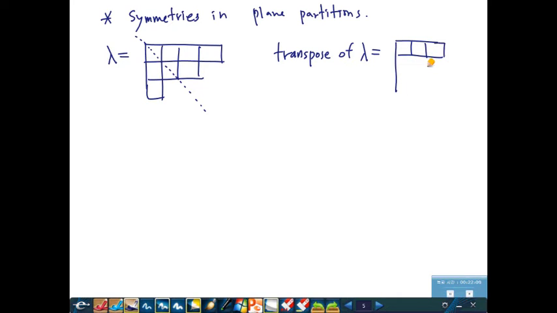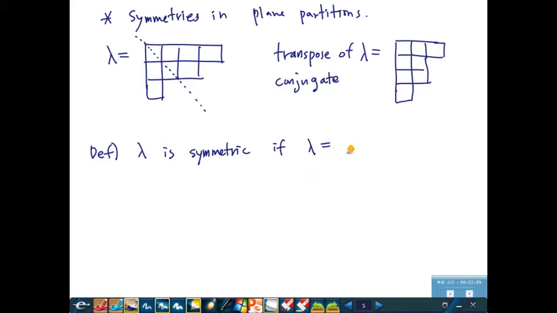Rows become columns and columns become rows. If you flip this along this line, you will get this. Very natural. So the definition: lambda is symmetric, or self-conjugate. This is also called conjugate. They mean the same thing. Symmetric, or sometimes called self-conjugate, if lambda is equal to the transpose of lambda. So this is not a symmetric partition.